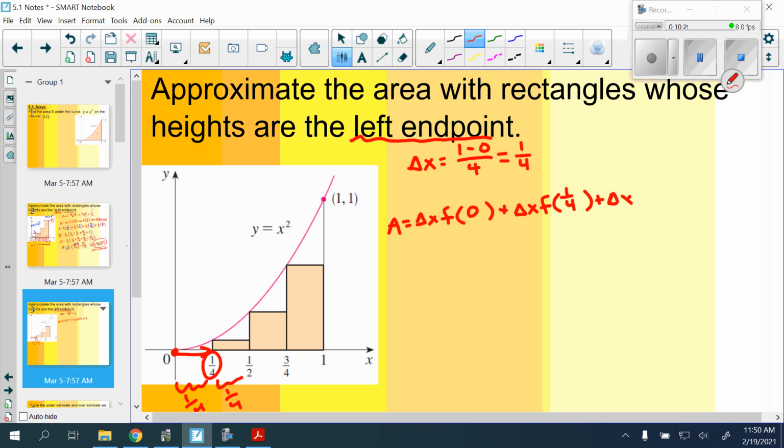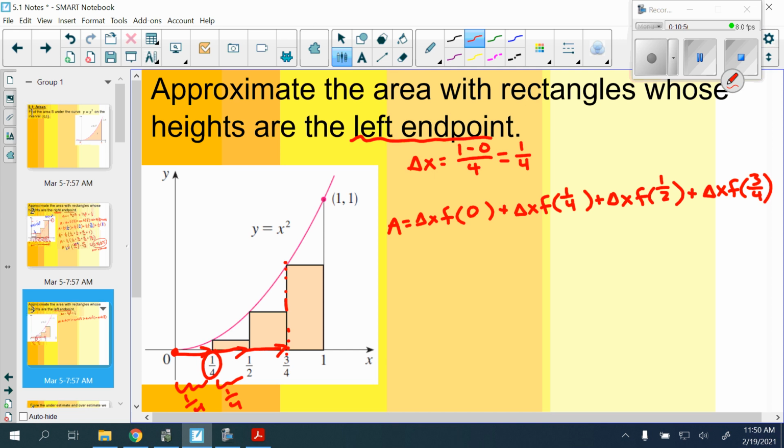The next one is the height if we moved over another fourth, so we're at 1/2, the height at 1/2. And then our last one here would be our height if we moved over 1/4 again, which puts us at our height at 3/4.